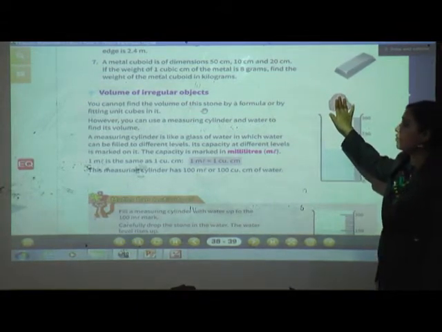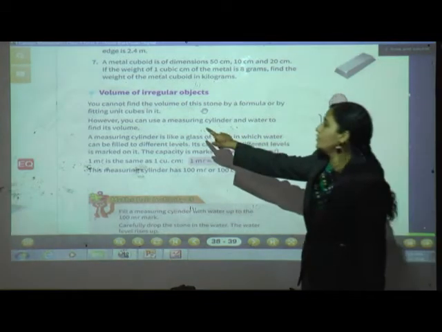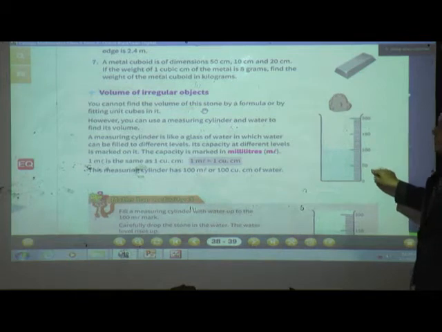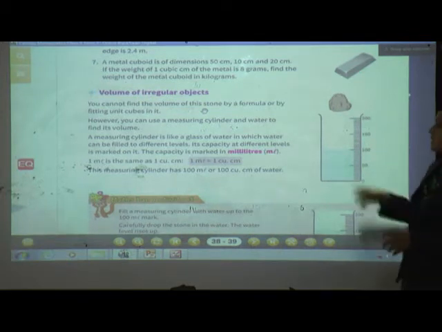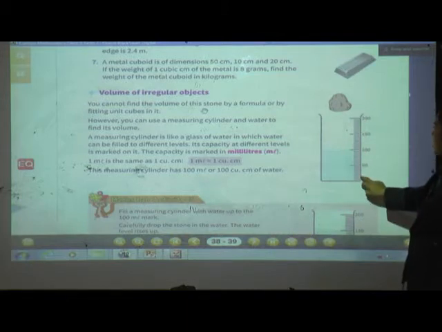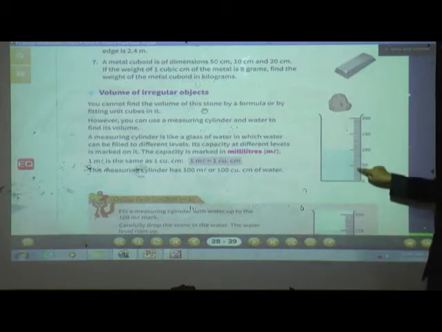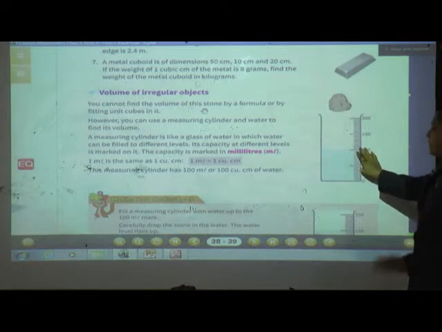So what you do, students, you can use a measuring cylinder and water to find its volume. A measuring cylinder is like a glass in which water can be filled to different levels.